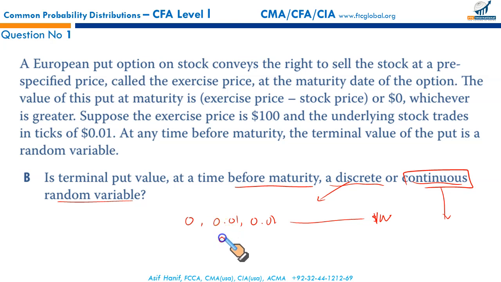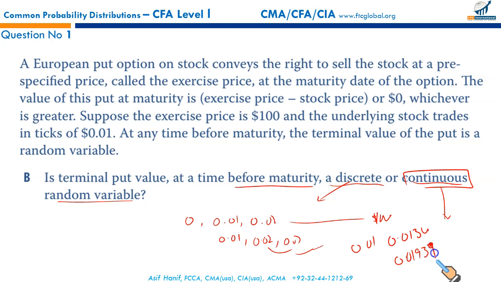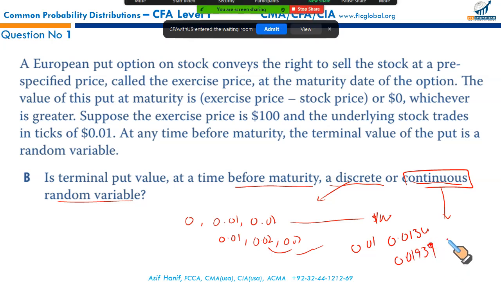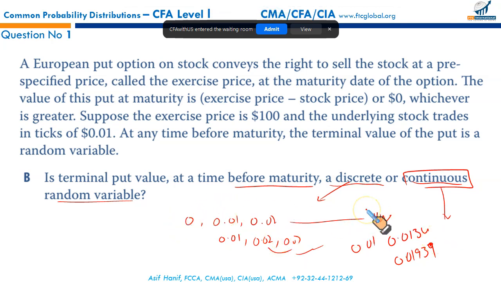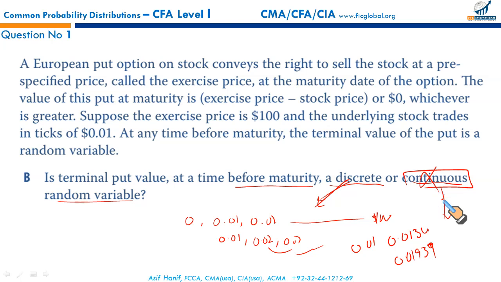Like here we can specify from 0.01, the next number will be 0.02 and then 0.03. We know with specific increments these would be the sequence of numbers. But in a continuous random variable, it could be anything. 0.01, the next number could be 0.0134 or 0.01939, for example. Any number. So since only these numbers are possible from minimum to maximum, it's a discrete random variable, not a continuous one.